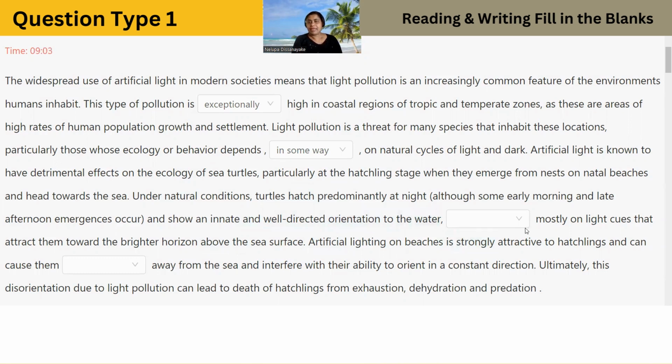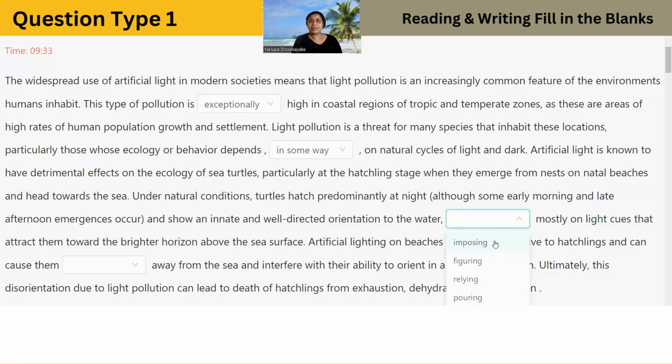Comma, blank, mostly on light cues that attract them towards the brighter horizon above the sea surface. It says they are given some light cues, some light signals or indications, so because of that they are attracted towards the surface of the sea. So what can be the answer here? Let's see what the answers are.